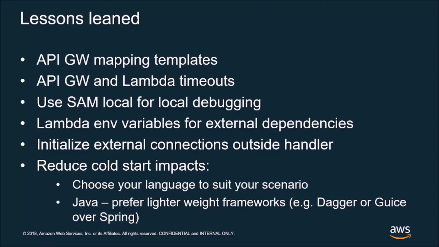Totally agree. Another good thing that we found was that the timeouts for API Gateway and Lambda were different, and we got burned because of that a lot. API Gateway has a hard limit of 30 seconds for the timeout, whereas Lambdas can run for 5 minutes. And especially if you are nesting different microservices, then it can become real difficult to debug.